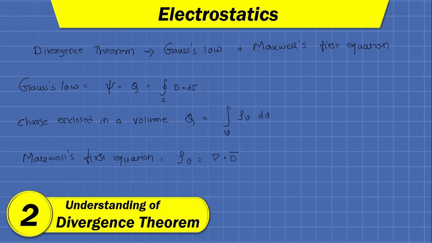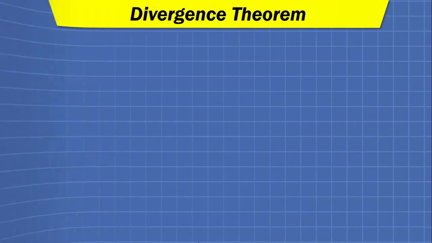Now putting this third result into the second one, and then putting this value of Q into Gauss's law, what will we have?